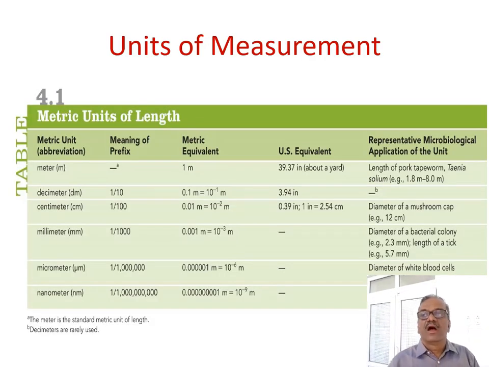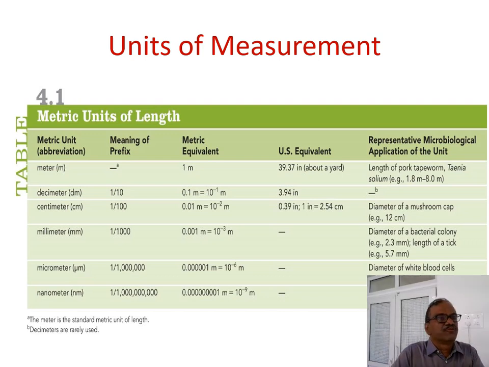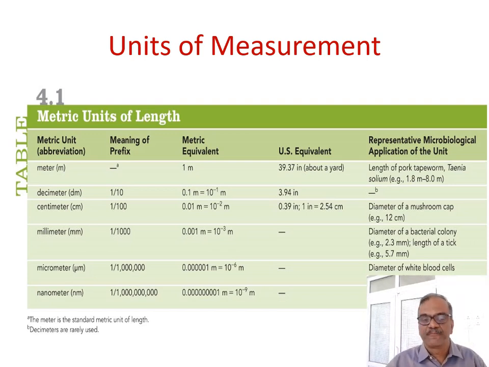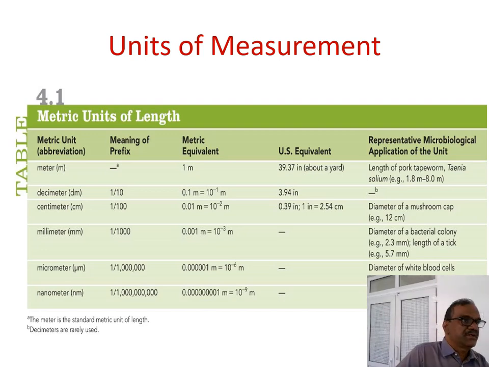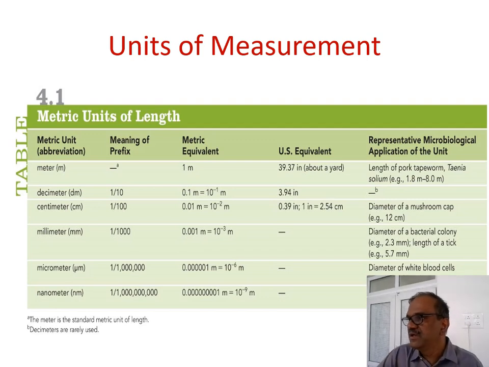In general, if you are measuring a particular object, metric units are used. You start with the meter. One tenth of a meter is a decimeter, but generally we don't use the decimeter in common measurements.